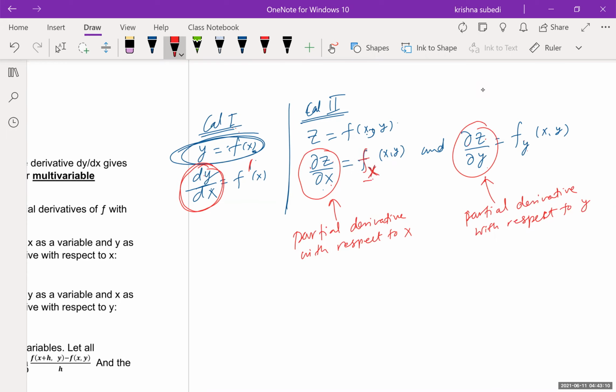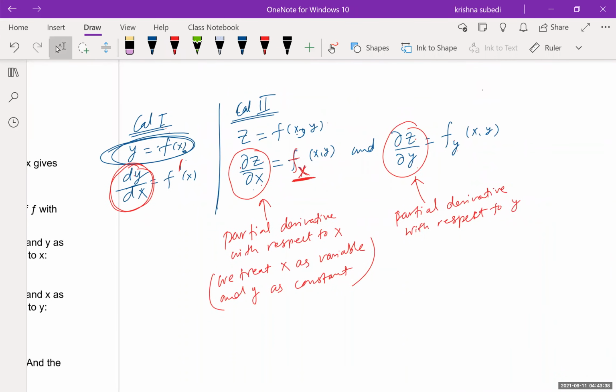What it means is, in this case, we are considering x as our variable and y as a constant. That's the meaning of this. So in this case, we treat x as variable and y as constant.